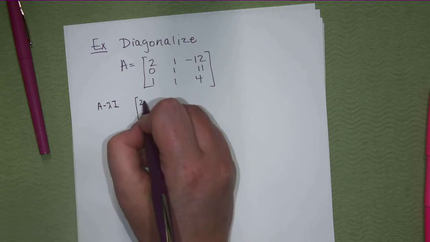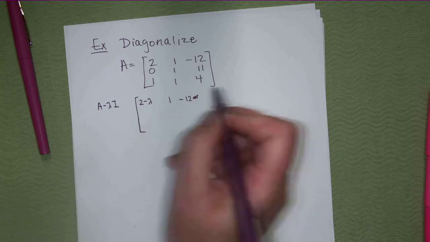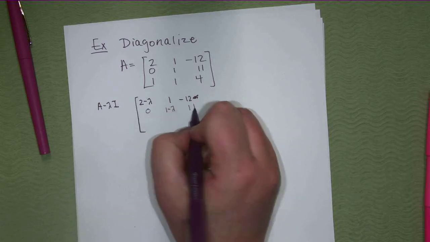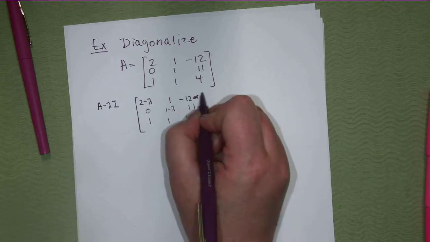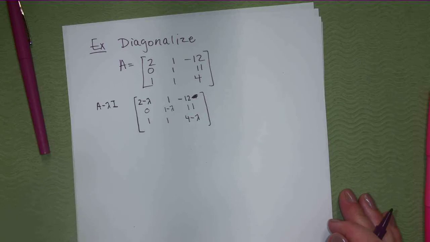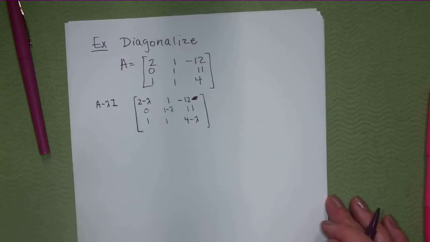And that is subtracting lambda from the diagonal, just subtracting lambda down the diagonal, leaving everything else the same. Now we need to do the determinant.